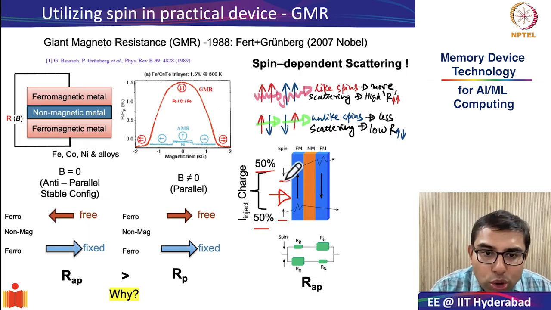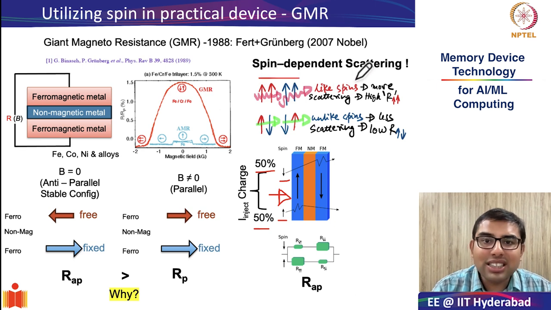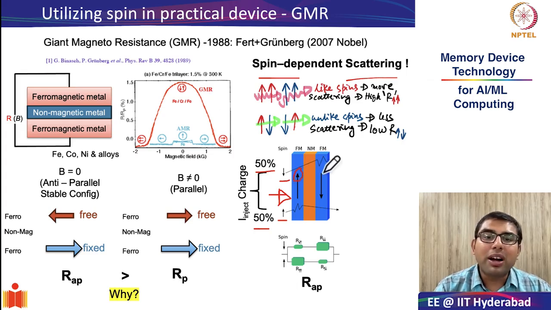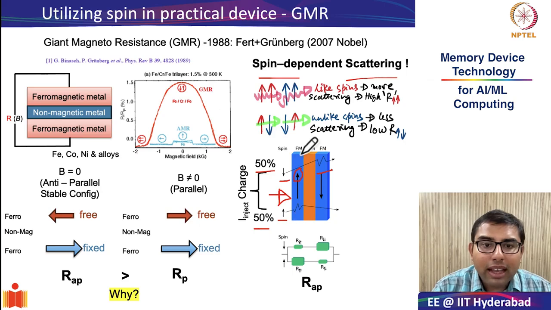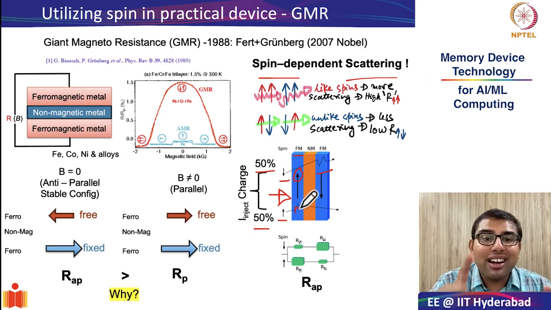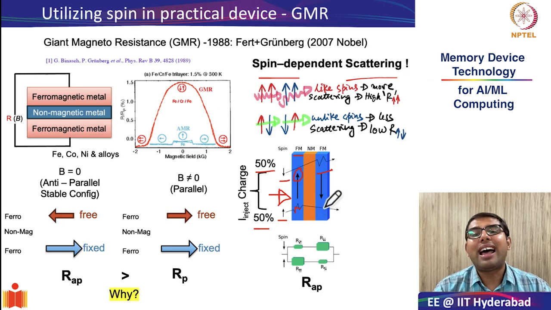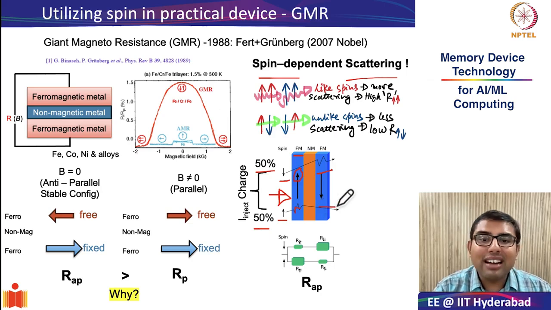What will happen to the downspin? Just look at spin-dependent scattering. The downspin will not see much scattering from the opposite spin configuration, but it will see a lot of resistance in the same spin configuration. The exact opposite will be the case for the upspin. In ferromagnetic layer 1, it will have a lot of scattering, because the overall spin configuration there is in the up direction, but it will not have any scattering in ferromagnetic layer 2.